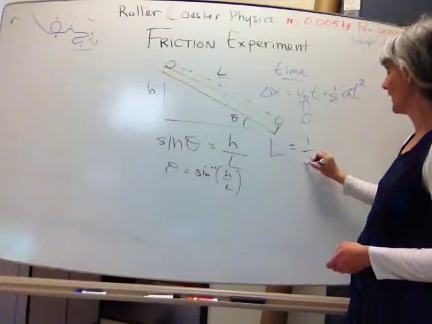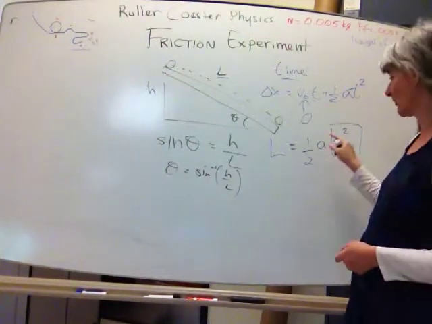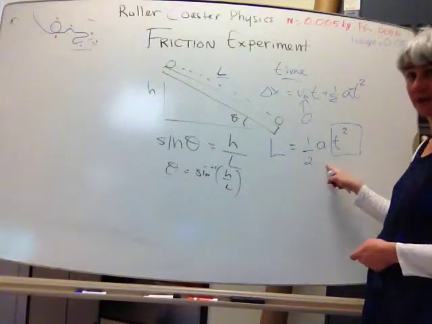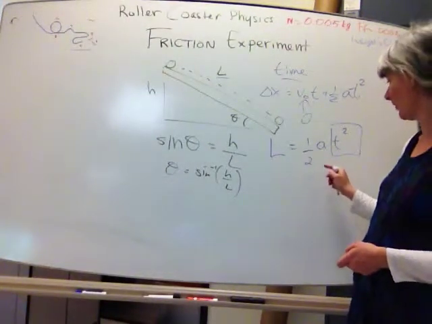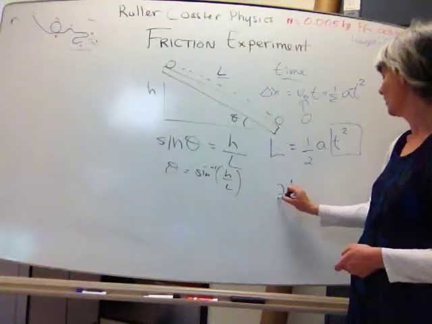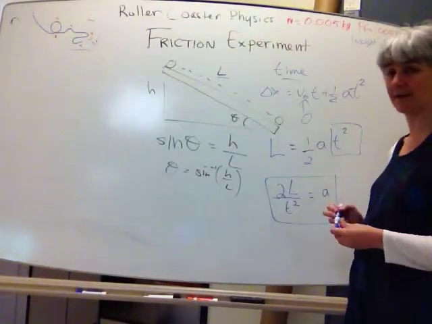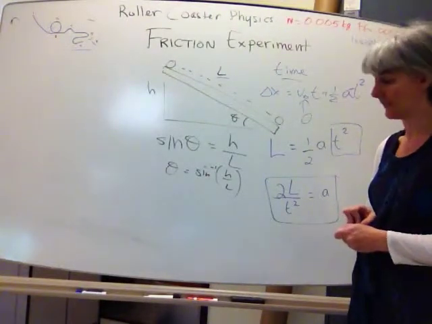That's going to equal 1/2 the acceleration times the time I got squared. I'm going to solve this equation for the acceleration because I'm interested in the acceleration. So that's going to be 2L over t squared. And whatever that number is, I want that number.